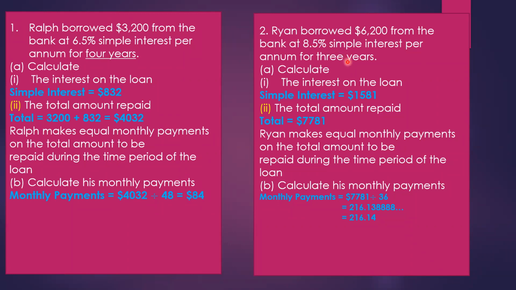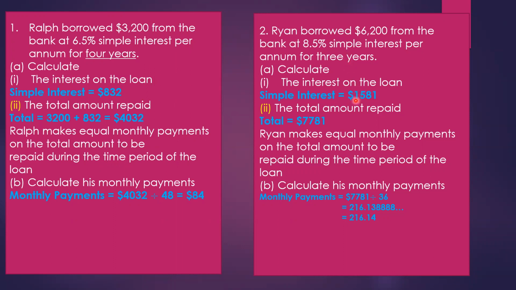Depending on how you do it, you can cancel out the 2 zeros in the 100 and the 2 zeros in the 6,200, which would be 62 times 8.5 times 3 over 1. Then you do 62 times 8.5 times 3, and you get 1,581 over 1 equals 1,581.